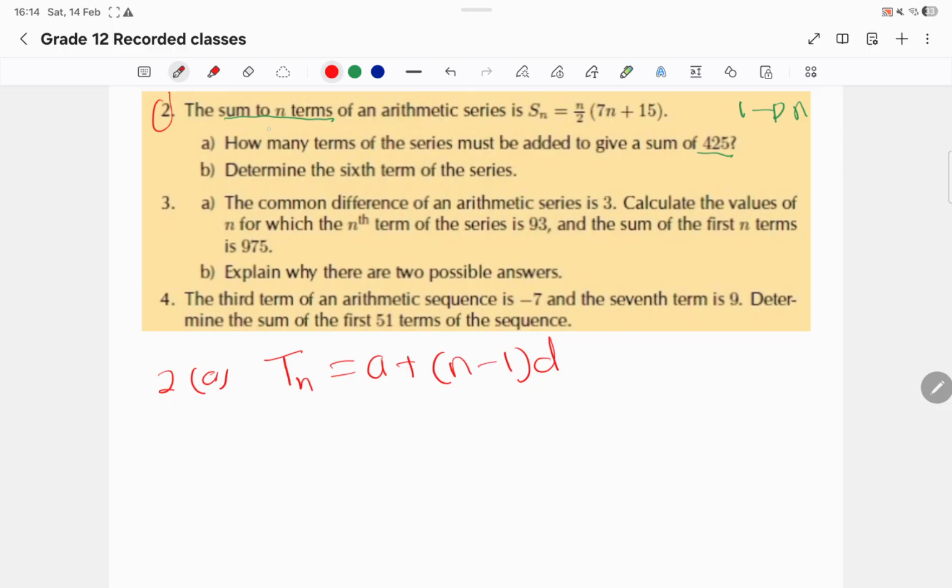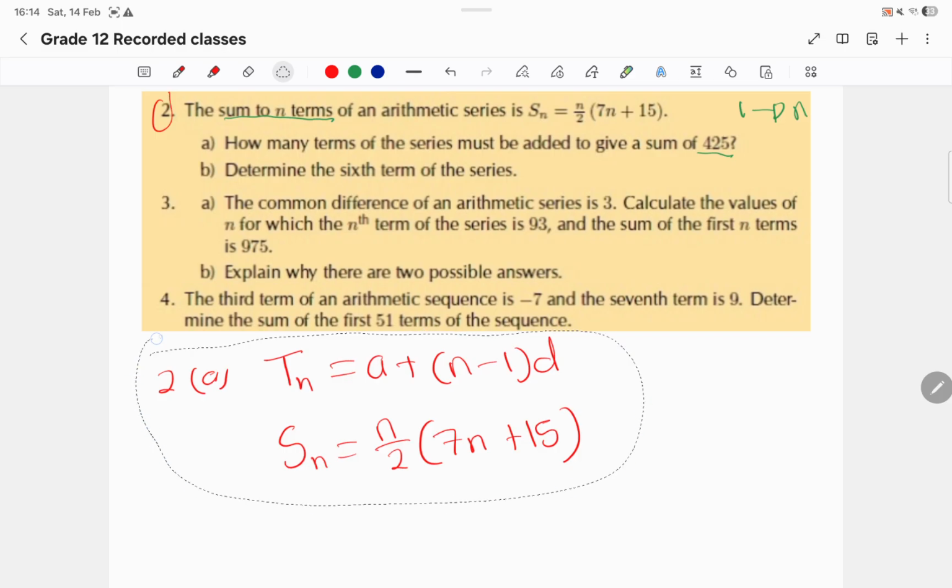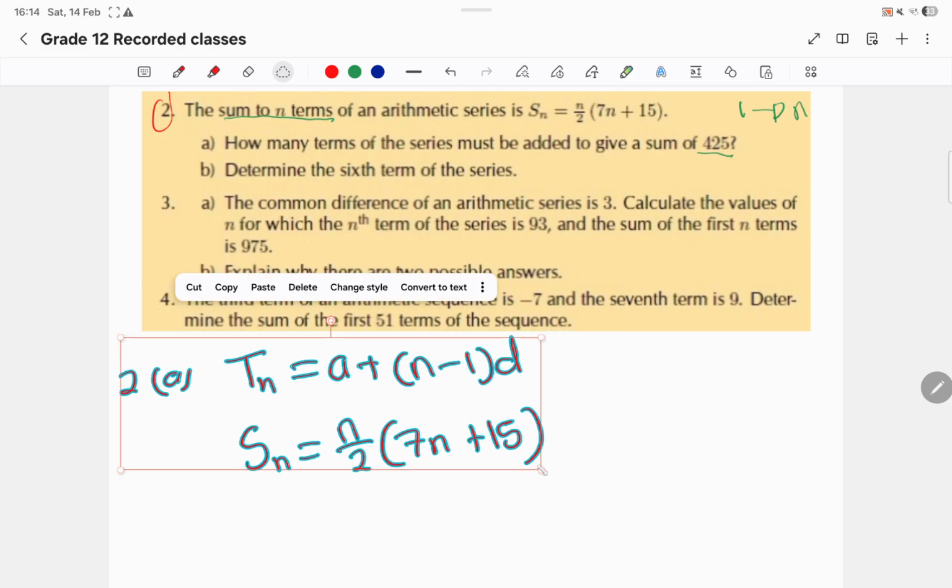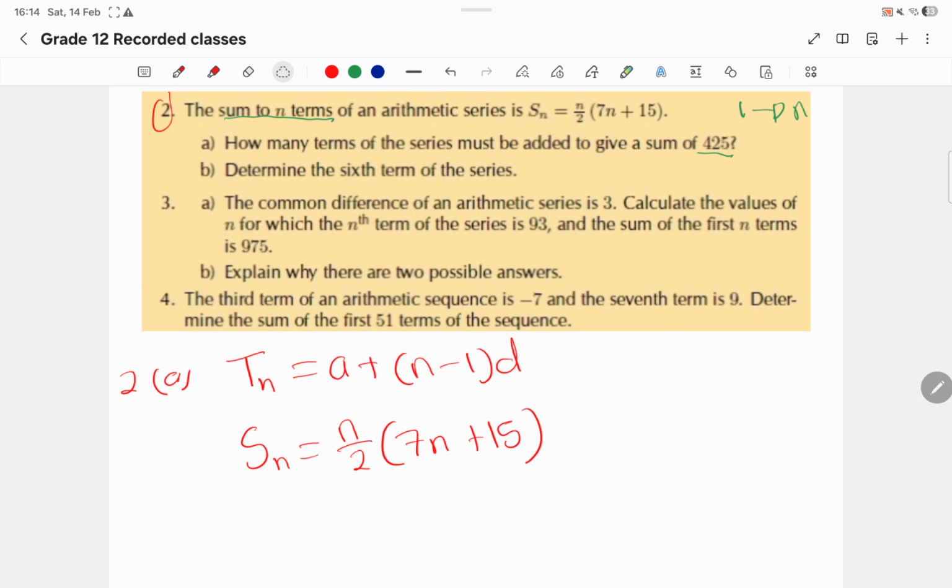Here we've been given the sum. So the sum is given by n over 2 times (7n plus 15). So far I'm only writing the stuff that we know, the stuff that we've been told. There is nothing foreign so far.